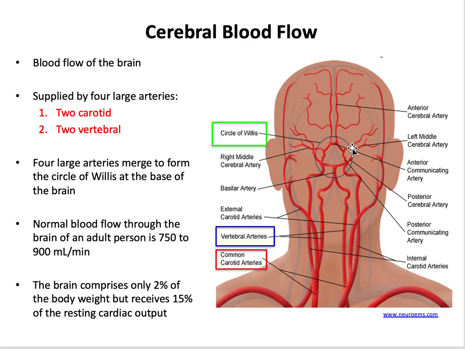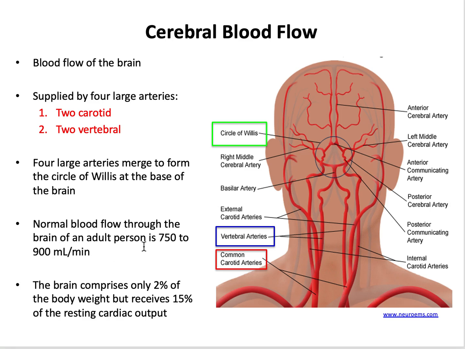And the only thing that you need to know about this is the fact that this circle of Willis is going to provide collateral blood flow, so that if there's arterial disease or blockage of one of these major large arteries, hopefully we can still get blood flow to the entire brain and prevent as much ischemia as possible. So the fact that these large arteries form the circle of Willis provides potential collateral blood flow if one of them were to get blocked, okay?